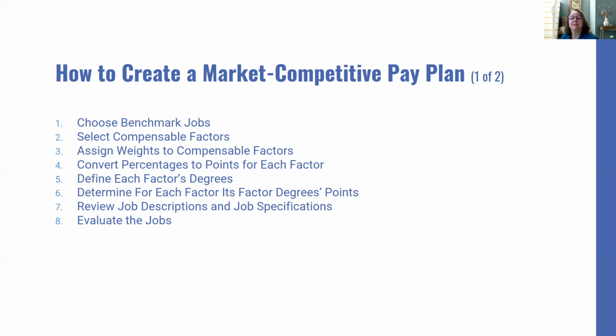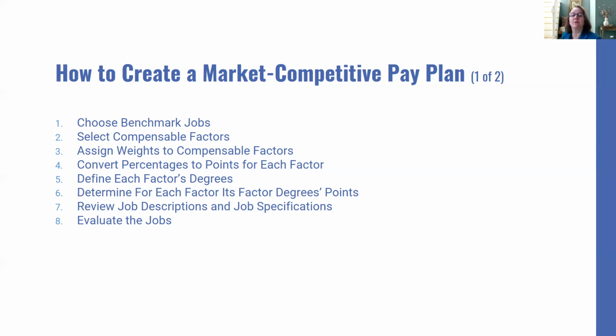Number 3, assign weights to compensable factors. So having selected the factors, the next step is to determine the relative importance or weighting of each factor. So for example, how much more important is skill than effort? This is important because for each cluster of jobs, some factors are bound to be more important than others. Then number 4, convert percentages to points for each factor.